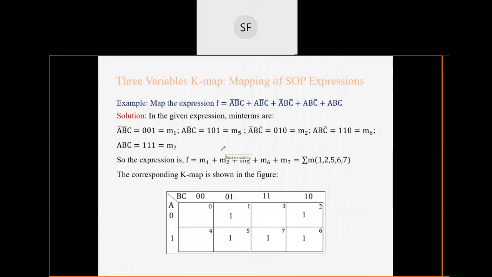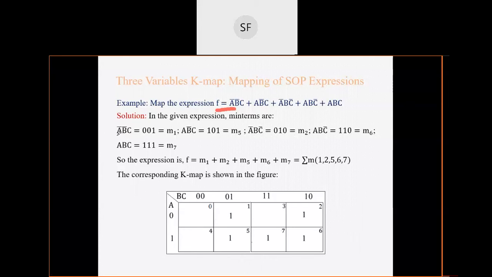Then the second step. Now you have to find out, of these 8 possible minterms, which minterms are present in your function. How will you find that out? Since it is an SOP expression, you have to write down its equivalent binary code.